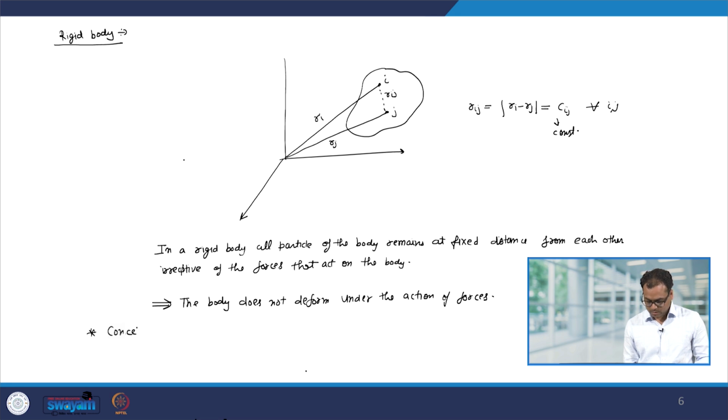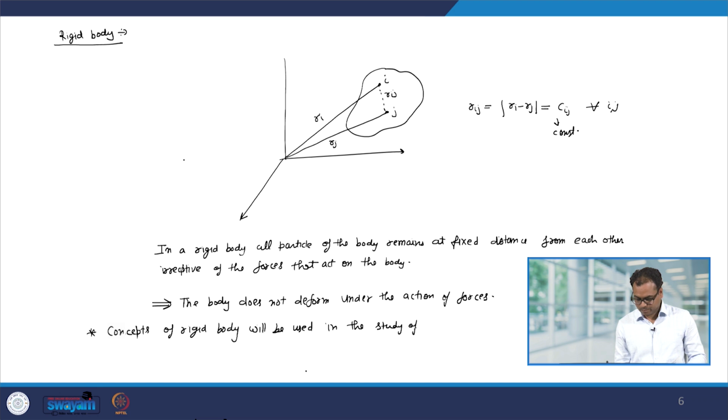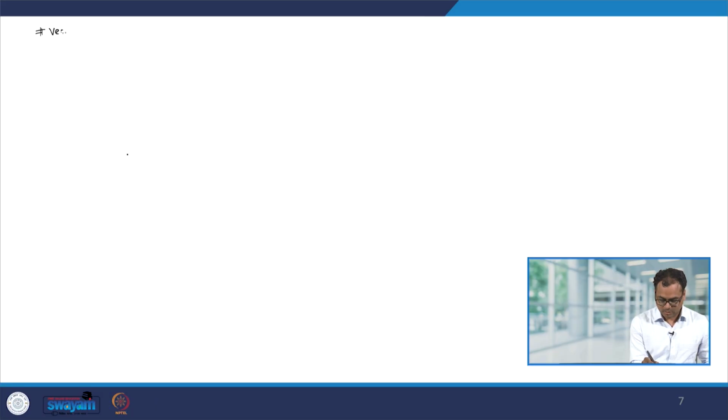So, the concept of rigid body will be used both in the study of statics and dynamics. Now, let us look at what a vector is, because in this course, as I said, we are going to deal with forces etc., and these are vector quantities. So, now let us look at the definitions of the different kinds of vectors that we are going to deal with.